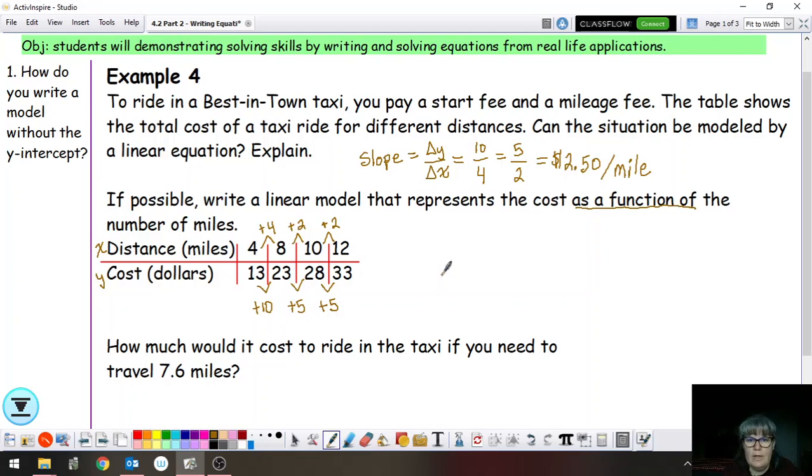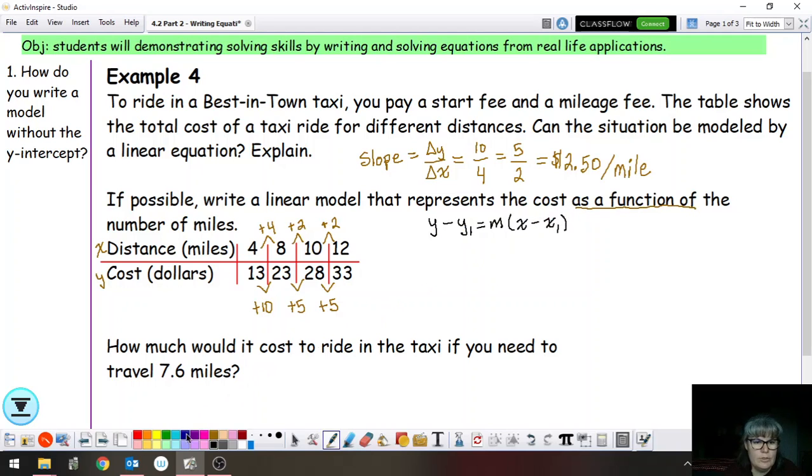So now we're going to write a linear model that represents this situation. I don't know exactly what my y-intercept is, so it's not going to be very easy to just use slope-intercept form. So I'm going to start with point slope form: y minus y1 equals m times x minus x1.